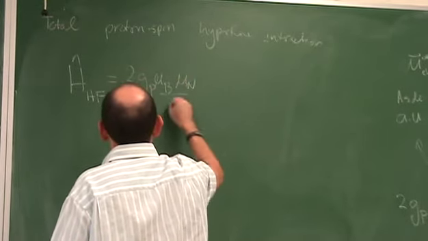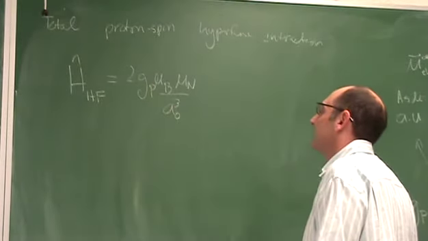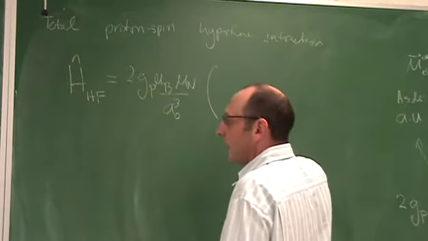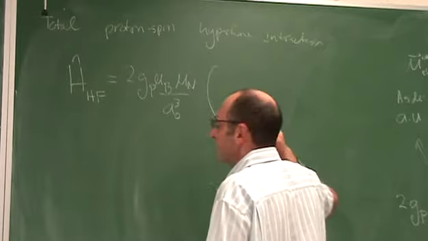I'll put everything now in atomic units, factor out the distance or radius cubed, and then all of my radii and position will be in dimensionless units.